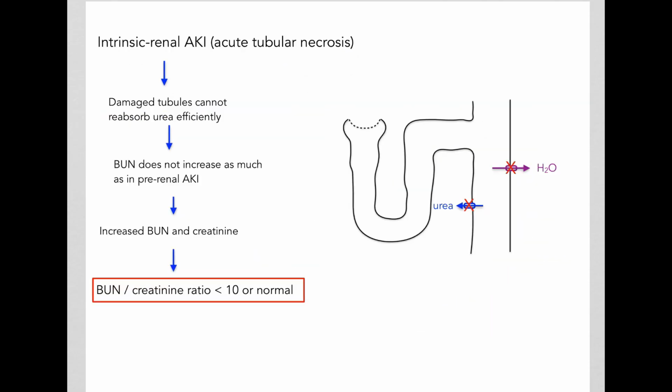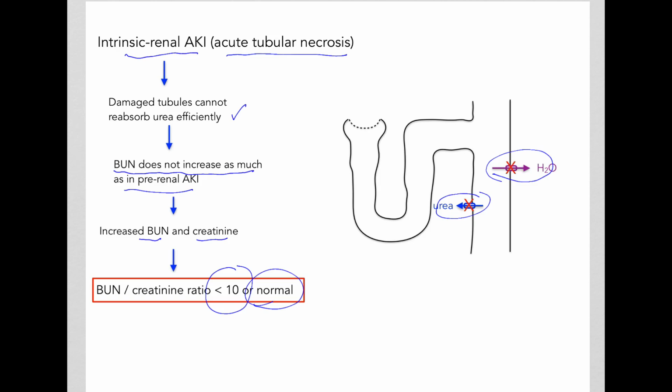Now, in case of intrinsic renal AKI, such as acute tubular necrosis, the tubules are damaged, so they cannot reabsorb this water or the urea, and in this case, the BUN does not increase as much as what we saw in pre-renal AKI. So there is an increase in BUN as well as creatinine, but the ratio remains either normal or even less than 10.